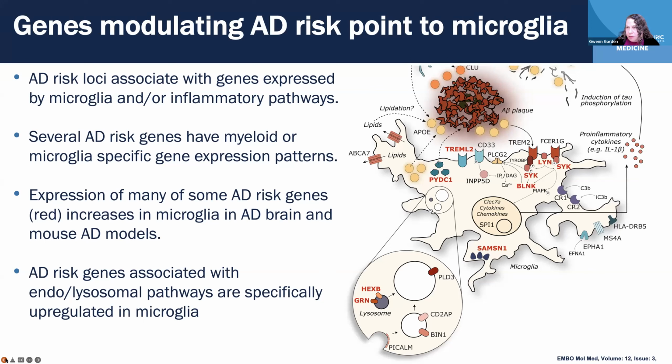One of the major systems in inflammatory cells that accomplishes that is the endosome lysosome system. Several of the GWAS alleles identified with AD risk are major players in that inflammatory cells' use of the endosome lysosome system to remove materials and pathogens from the extracellular space. So there's strong reason to believe that microglia and the inflammatory response may play a very important role in regulating the downstream impact of the accumulation of A beta in the brain.